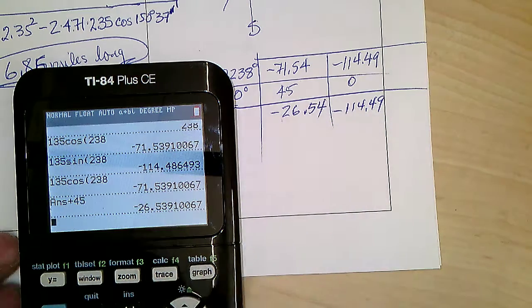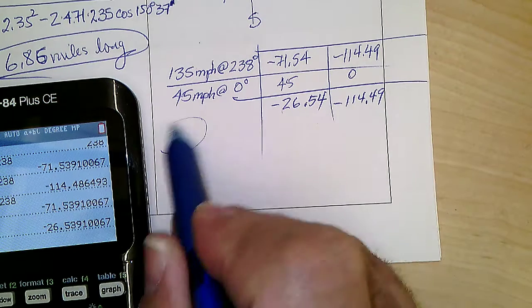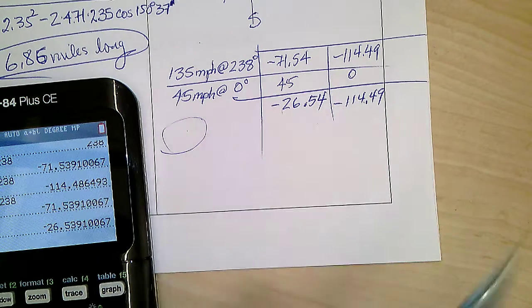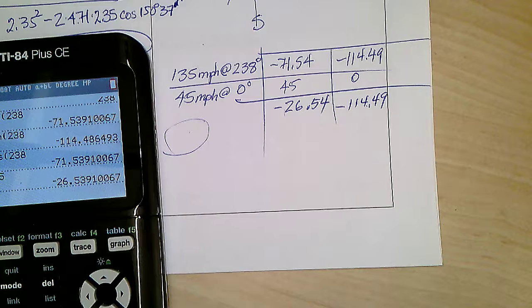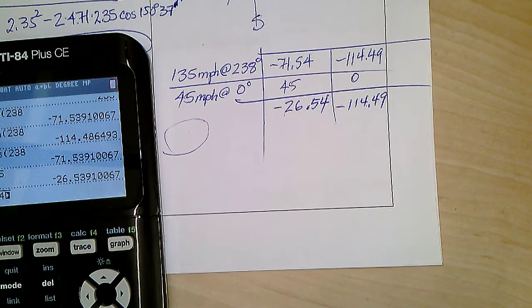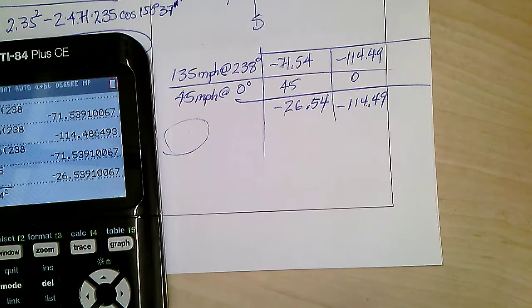So to change it back and get the actual speed, I have to go x squared plus y squared is r squared, and so I have to take the square root. So it's the square root of 26.54 squared. I ignored the minus because I'm squaring it, so I don't need the minus in there.